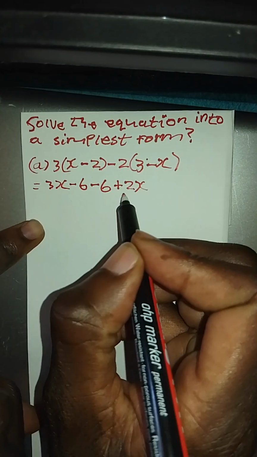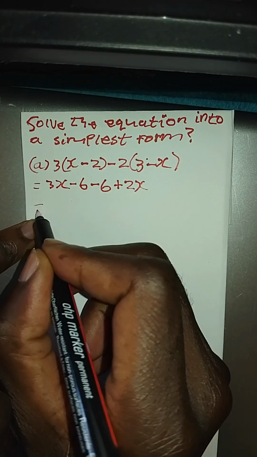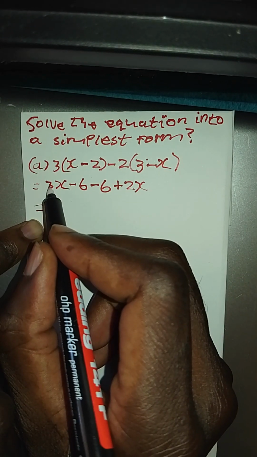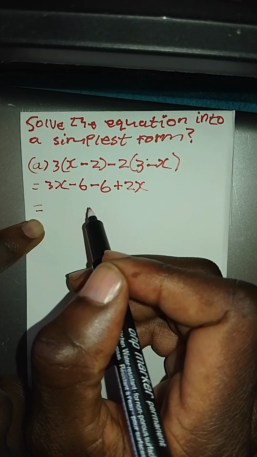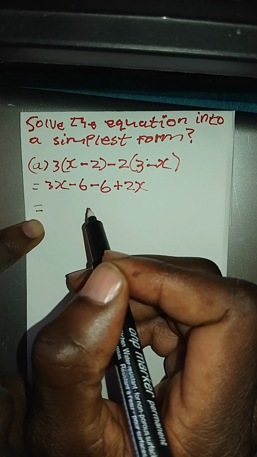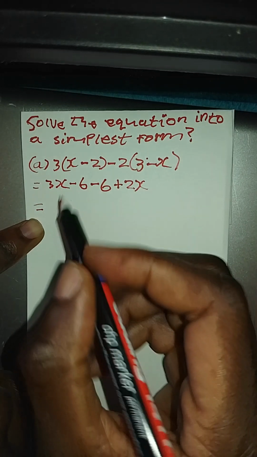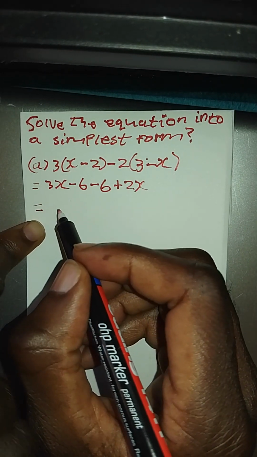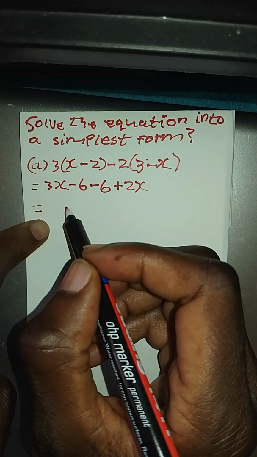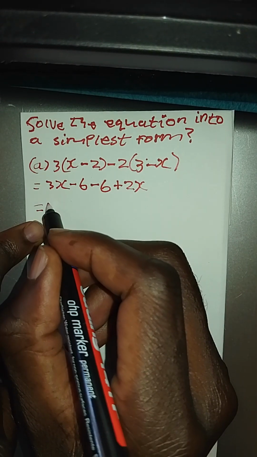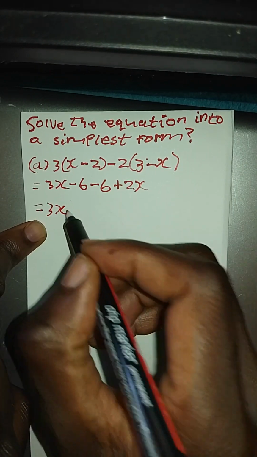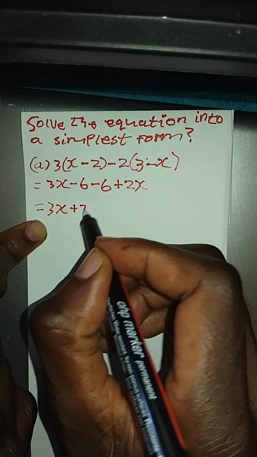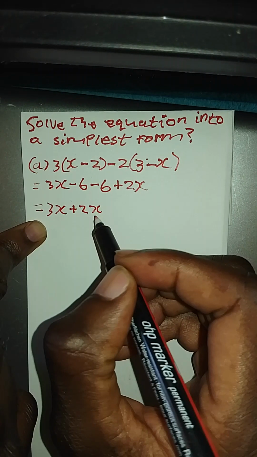Okay, so simplify it to the simplest form. We collect the like terms. It is like this. Okay, we've got 3x, we've got 2x.